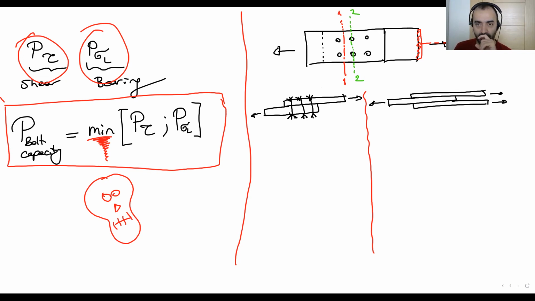Maybe that's better to understand. This is section 1.1, the solid area, and let me draw section 2.2.